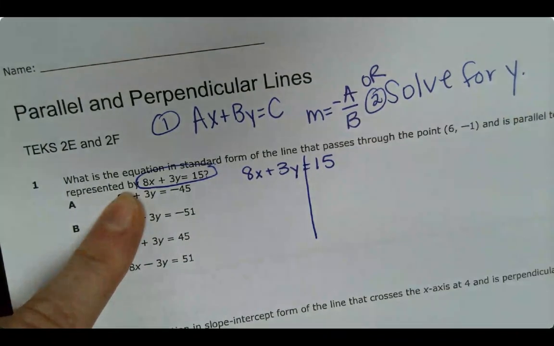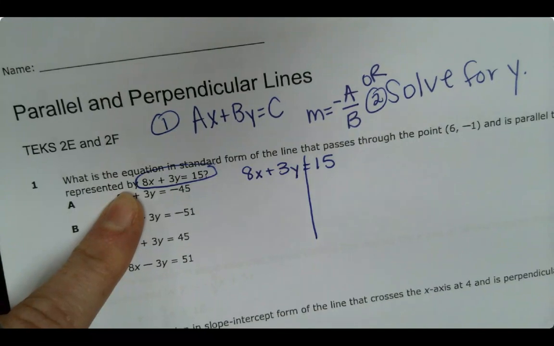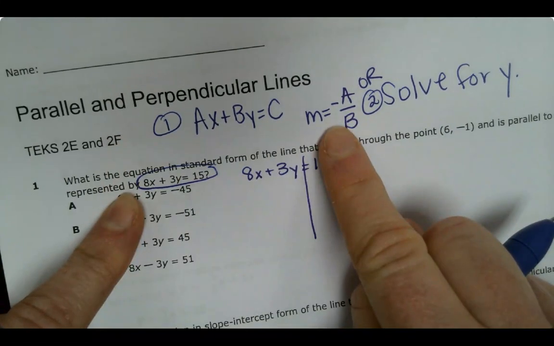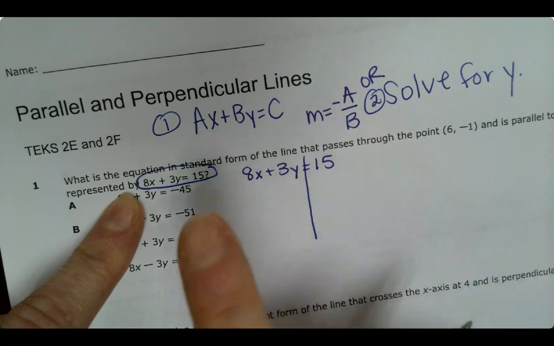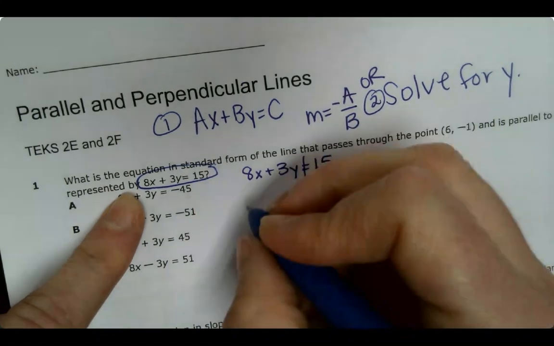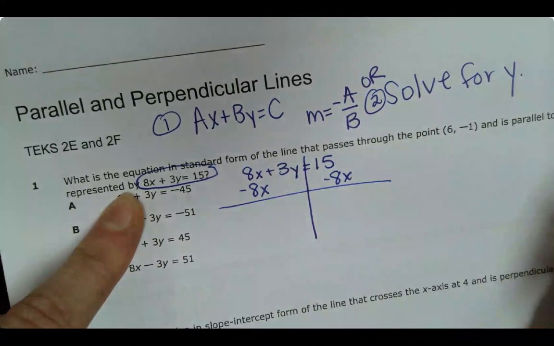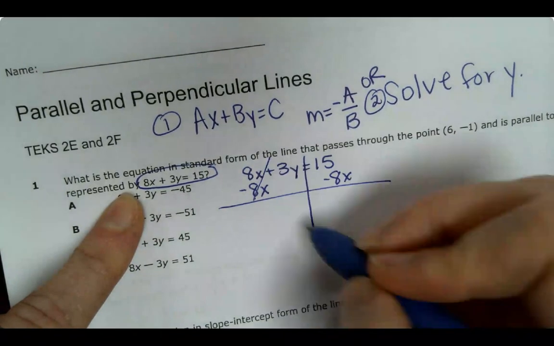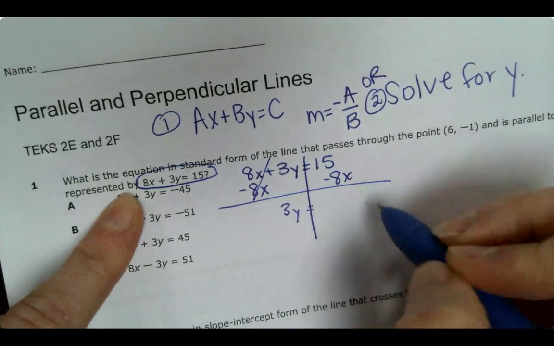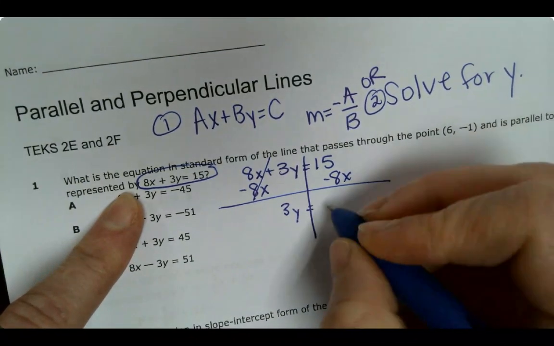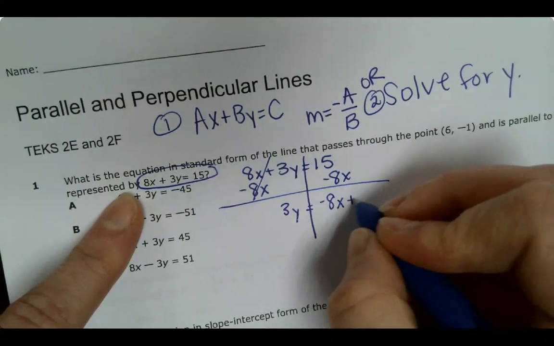So we need to solve for y. You can use this step if you want to, and you can move on with the problem. Or you can do this with me. I'm going to subtract 8x on both sides. Get 3y equals, I want mx plus b, so I'm going to keep them separate and put the negative 8x first.